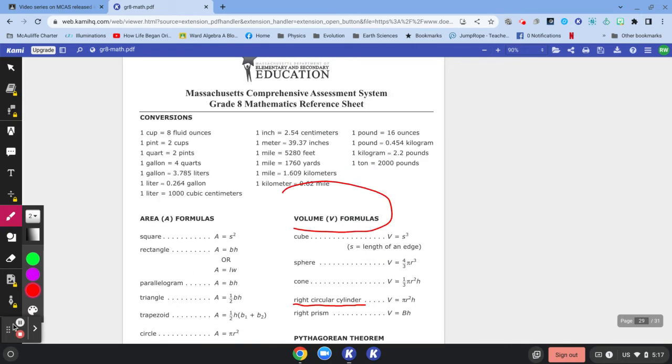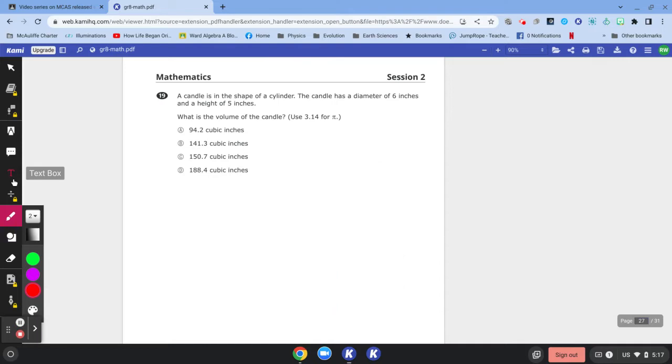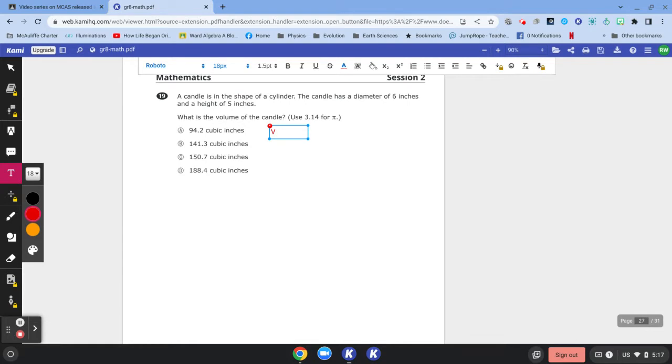Okay, I'm going to pause and go back to 19. So our formula for volume, again, was equals pi times radius squared times height. So we're going to multiply all those things. And for pi, we're going to use 3.14.